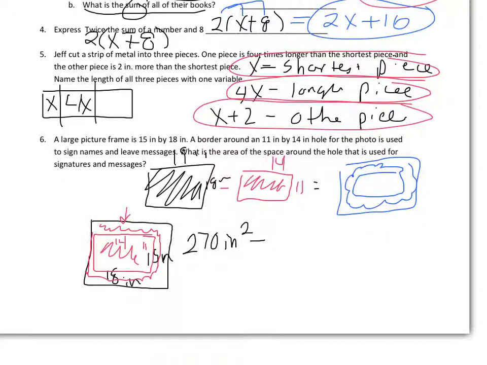To find that area, 11 times 14 is going to be 154. So we're subtracting 154 inches squared from that. So this exterior border piece that you could sign and leave messages and signatures on is the difference of those. So 270 minus 154 is going to give us a grand total of 116 square inches.